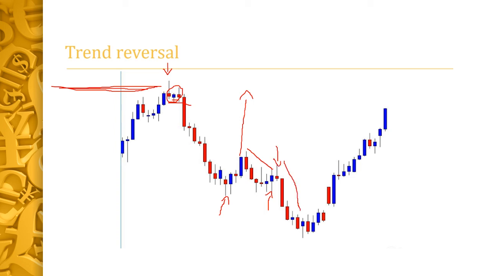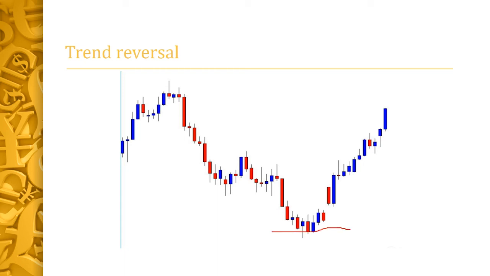So once again guys, you should not take all the signals as a total reversal of the trend. But at this level here we had very strong support from the left.